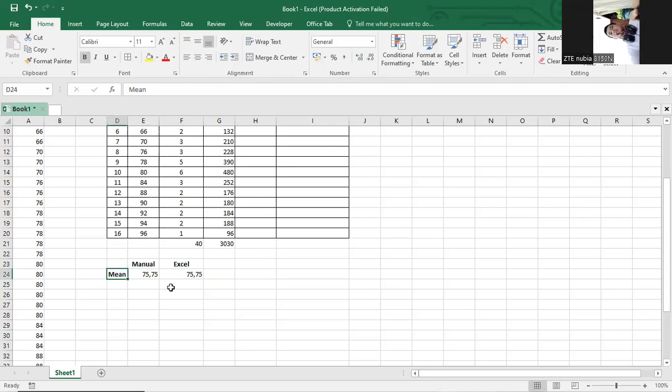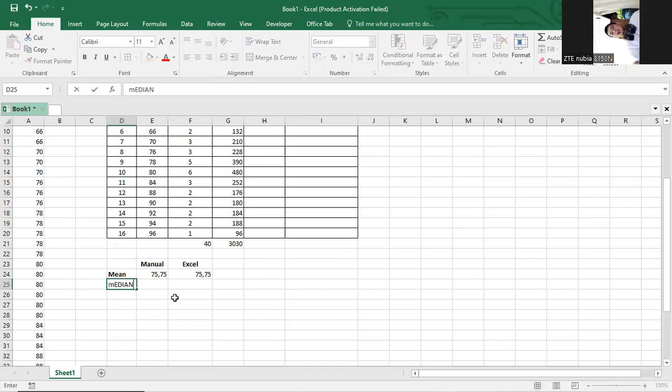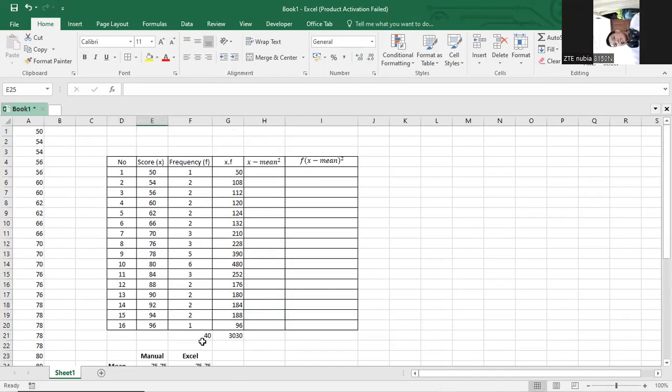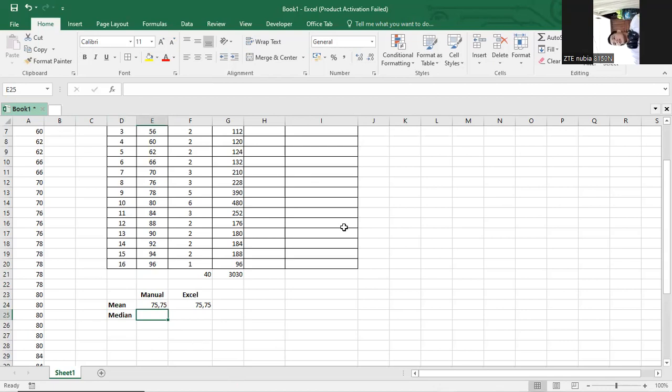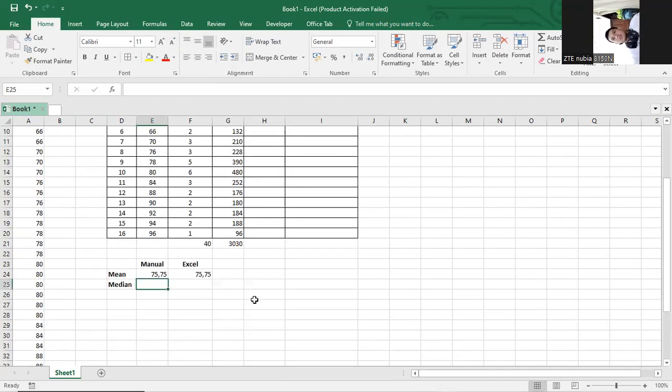After we find the mean, we jump into how to find the median. Median means the middle value, nilai tengah in Indonesian. How to find the median? If the data count is odd, we have to find the middle value. But if it's even, it's not as easy as odd, so we have to do a little bit of formula. First of all, we divide all the data, all the frequency, by 2.